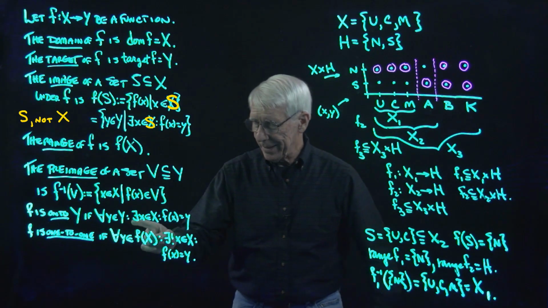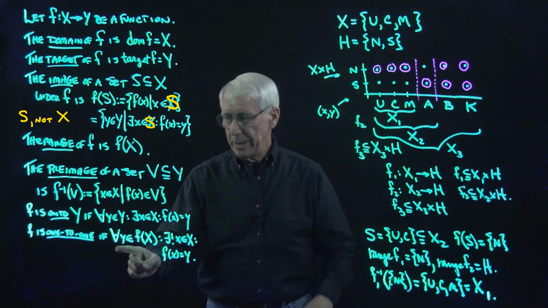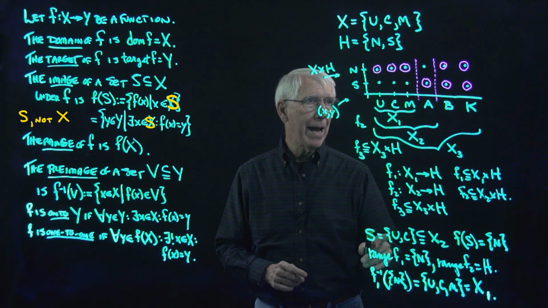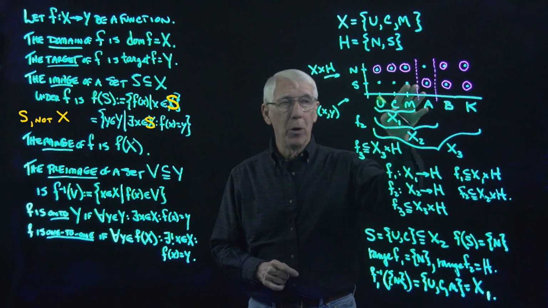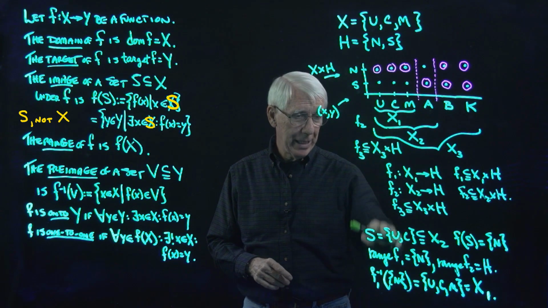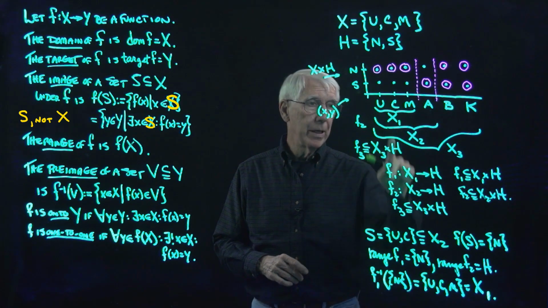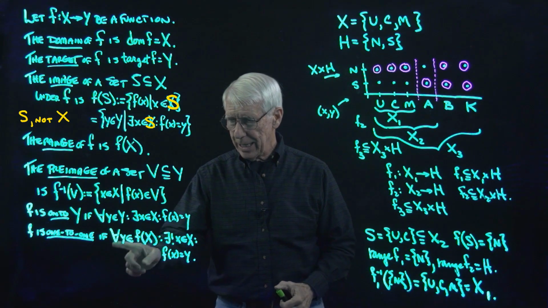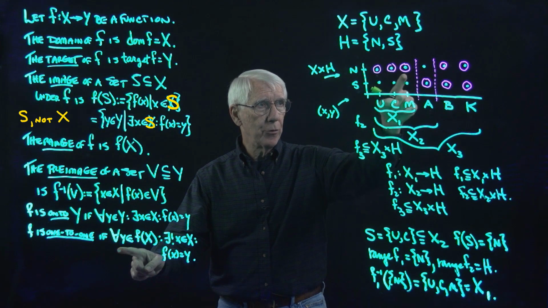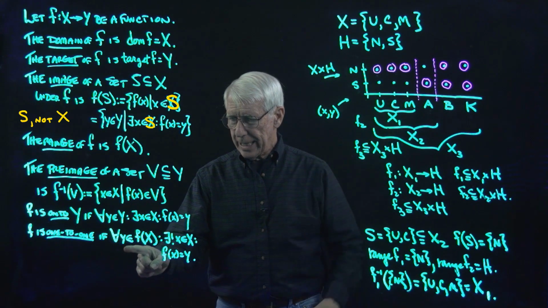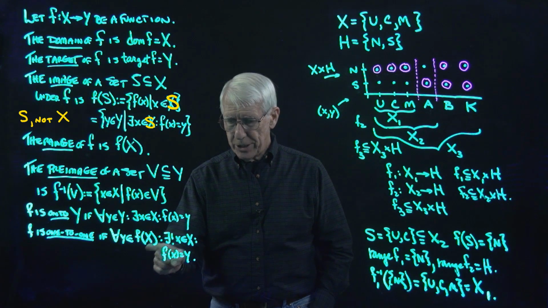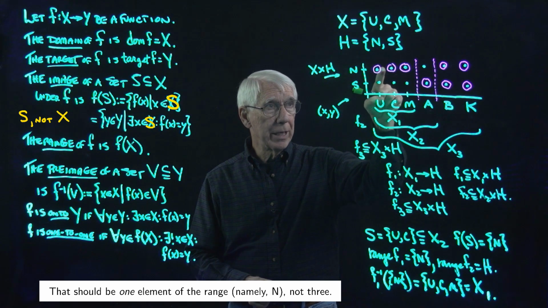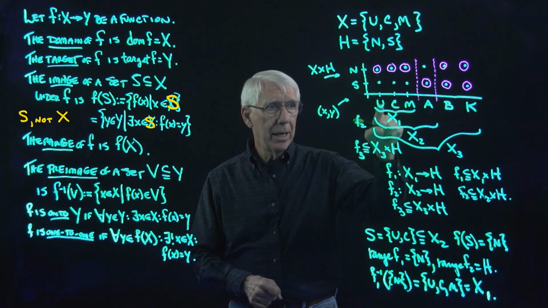Again, I want to emphasize it's not that for every y in the target space. I don't have a function that's 1-to-1 here. But let's just point out that the function f2 defined on the 4-element domain is not 1-to-1, because there is a point in the range for which there is not a unique x that maps to it. For n, I don't have a unique x that maps to n.